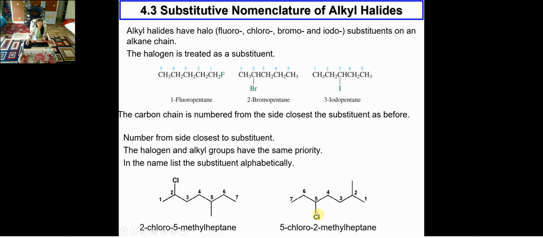In the future, if you have alcohols, OH has a higher priority than the methyl and also than the halogens. If you have the same halogens, the larger the atom, the higher the priority. If you have alkyl groups, it is also based on the number of carbons. The more carbons you have, the higher the priority will be.